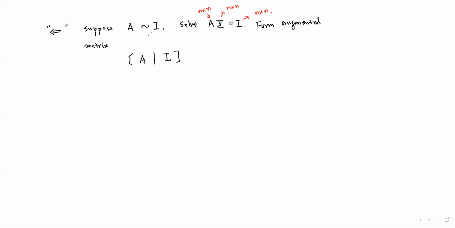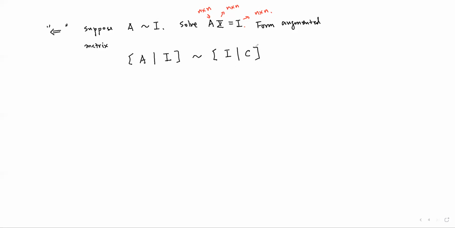I perform this sequence of row operations on the augmented matrix, step by step, and then A becomes I. But this I will become a submatrix. Yeah, this is the reduced echelon form of this matrix.